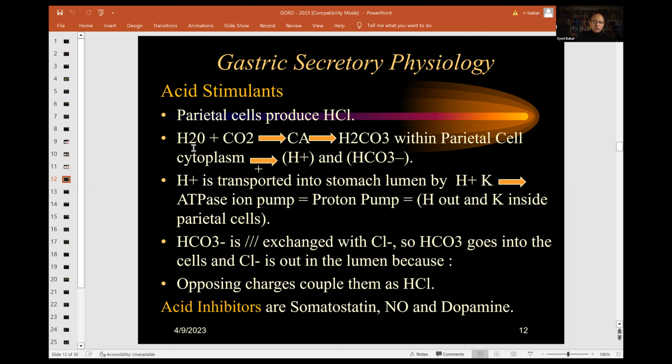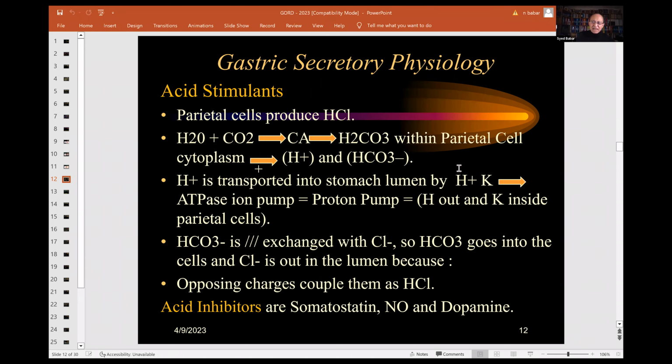So H2O combines with CO2 under the influence of carbonic anhydrase and leads to carbonic acid, H2CO3. Remember that HCO3 is bicarbonate, H2CO3 is carbonic acid. So this is now present in the parietal cells in the resting state.